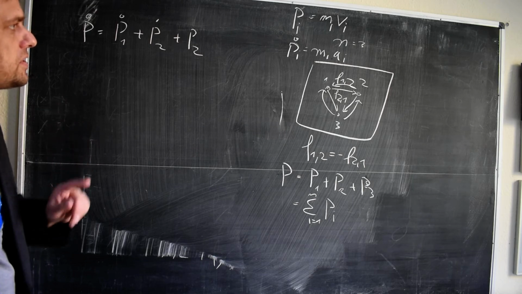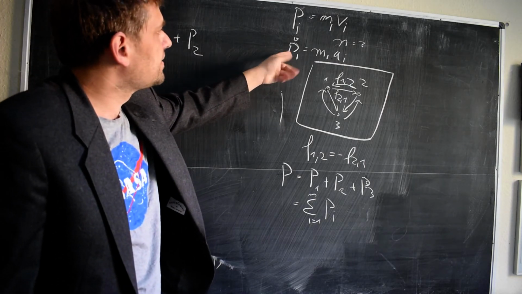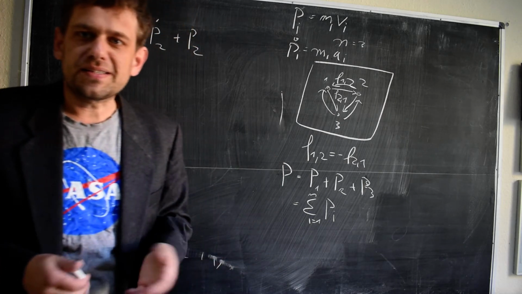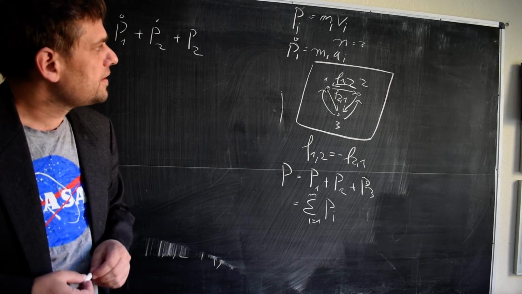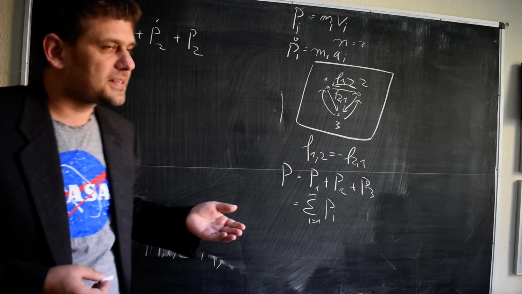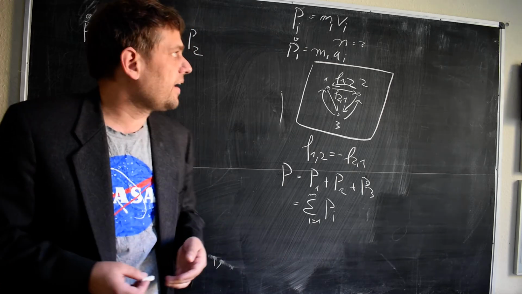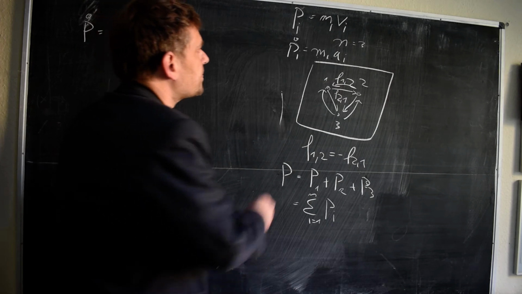And now note that we can express each of these impulses of the particles i in another form using Newton's second law, which is F is equal to ma. And now if you look here we have ma.